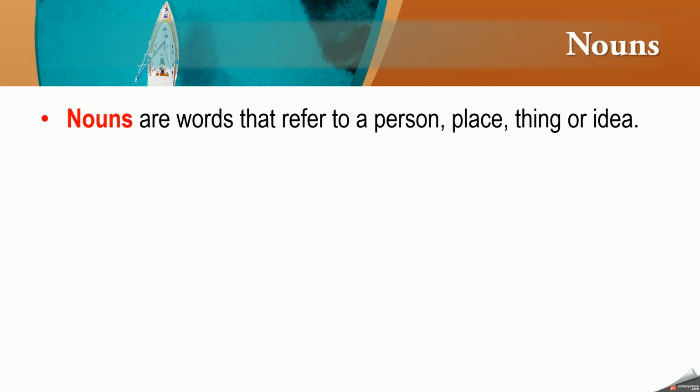First, nouns. Nouns are words that refer to a person, place, thing, or idea. So, nouns are basically those words which refer to any kind of thing, a person, name of a place, idea, or any state, any action, or any quality.